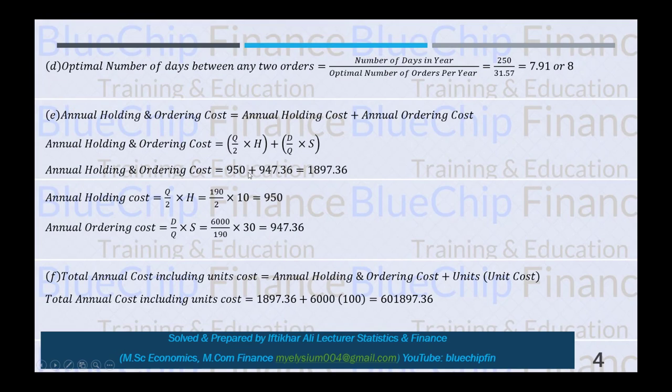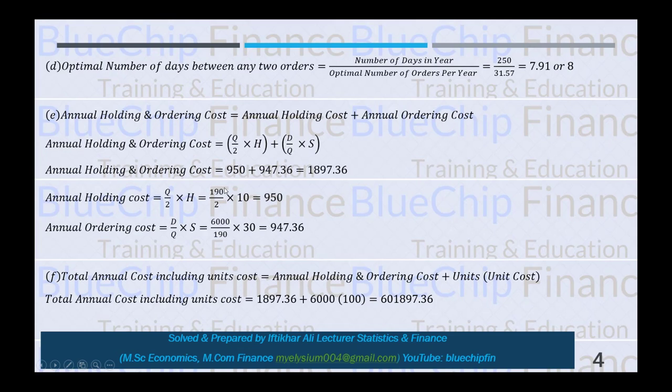So here annual holding cost, as we already discussed, equals Q divided by 2 multiplied by H, and annual ordering cost is always equal to D divided by Q multiplied by S. So this portion is related to annual holding cost, and this portion of the equation is related to annual ordering cost.